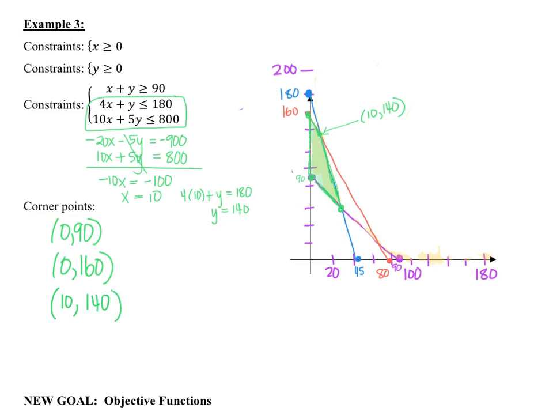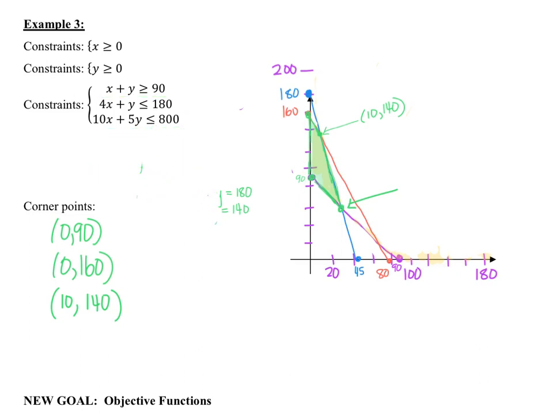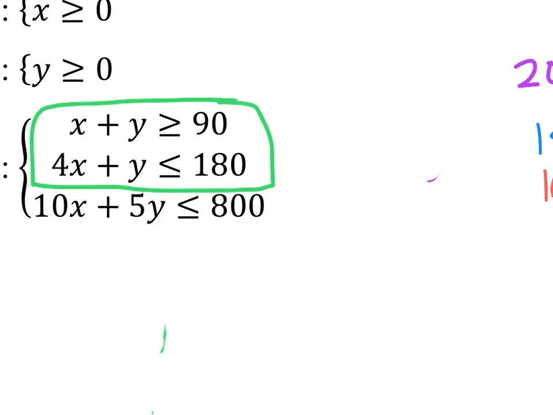And then finally, my fourth intersection point is the intersection point of blue with purple. And the blue and purple were formed by the top two equations. So I'm going to clean all this up again so I've got some space to work. And I'm going to solve the top two equations. That's a pretty easy one to solve. I can just multiply the bottom row or the top row by negative.